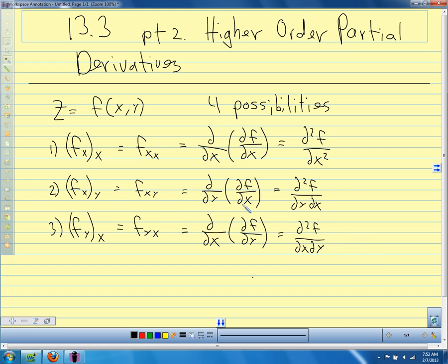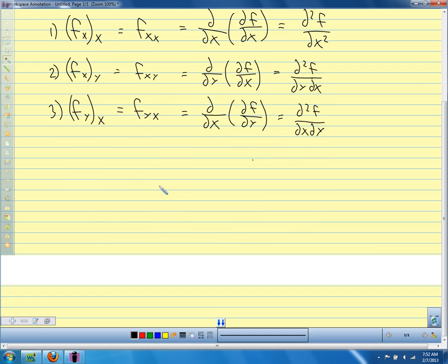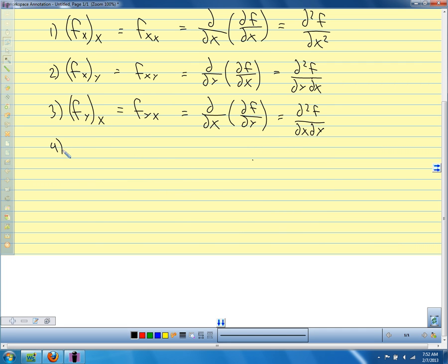So for our mixed partials, it's important to remember the difference between what this order means and what this order means. In this notation we read from left to right. In this notation we read from right to left for the order of our derivatives. And then our fourth possibility is just the partial of y, and then we're taking the partial of that with respect to y.